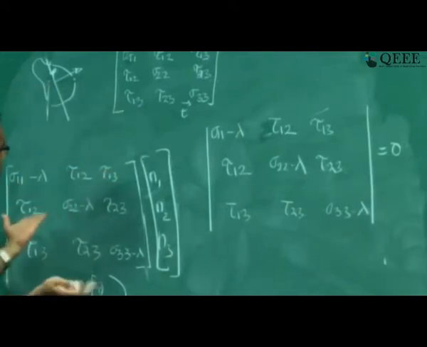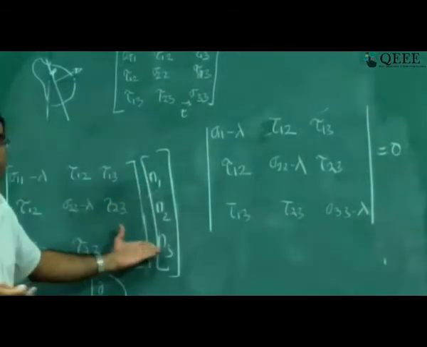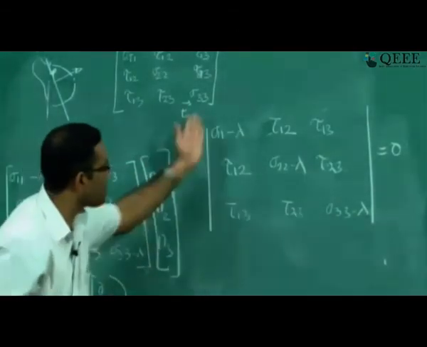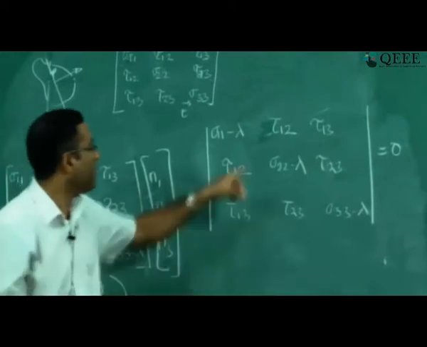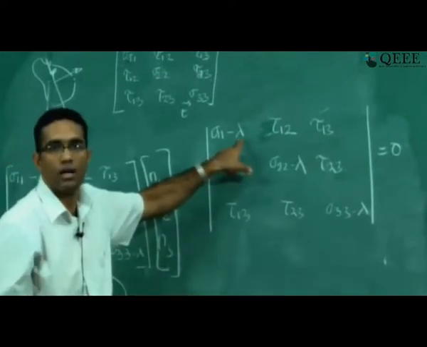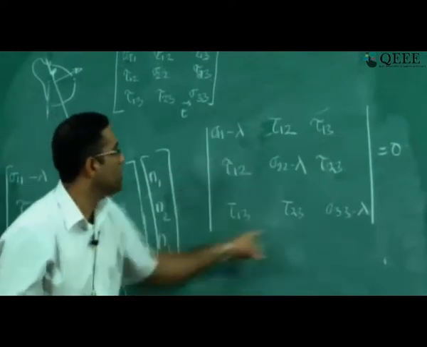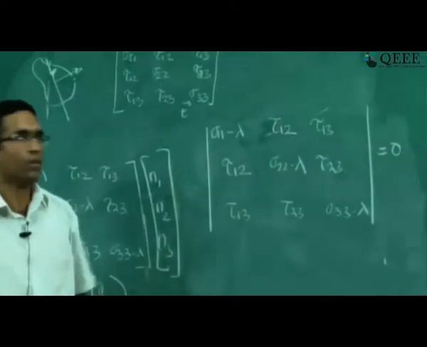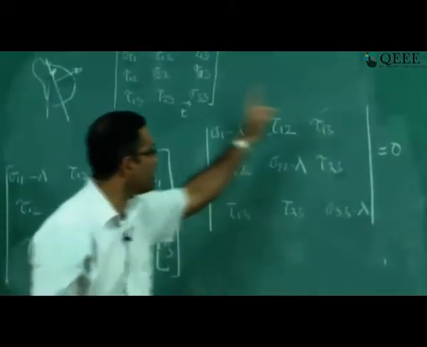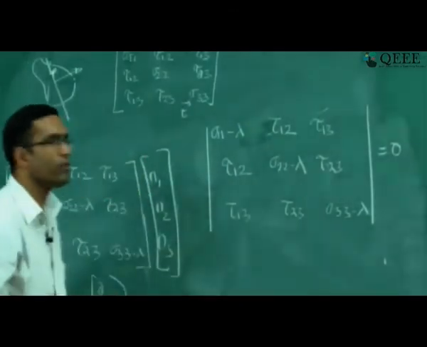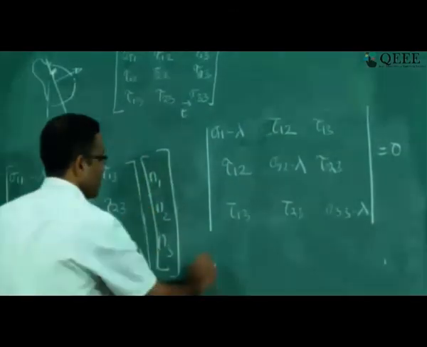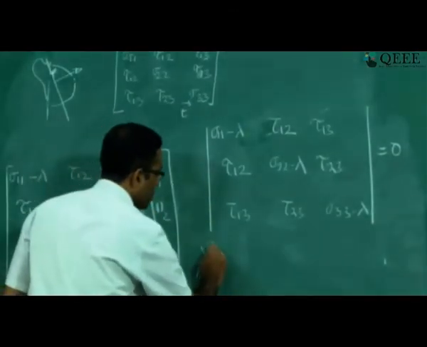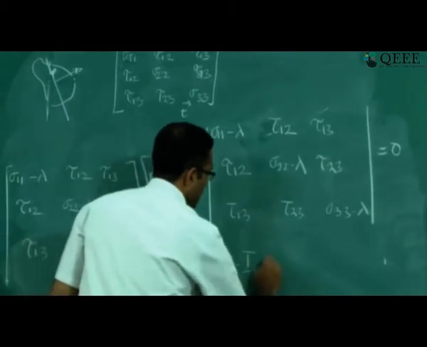When I enforced it mathematically, it is telling me that if you want to find out these numbers, you have to make sure that this determinant goes to 0. That means the value of lambda I have to find for which this determinant goes to 0. So when I try to enforce the determinant going to 0, I get basically a cubic equation in lambda.